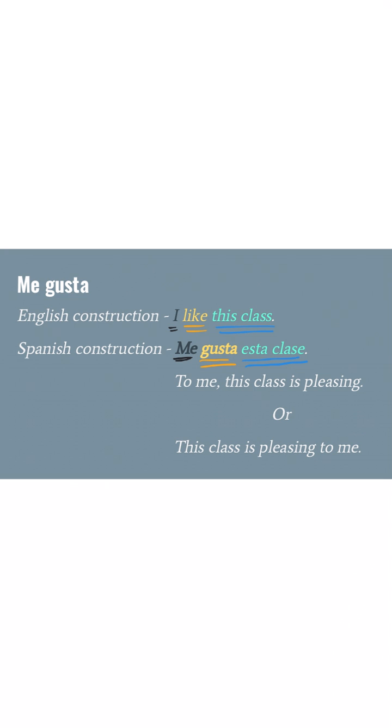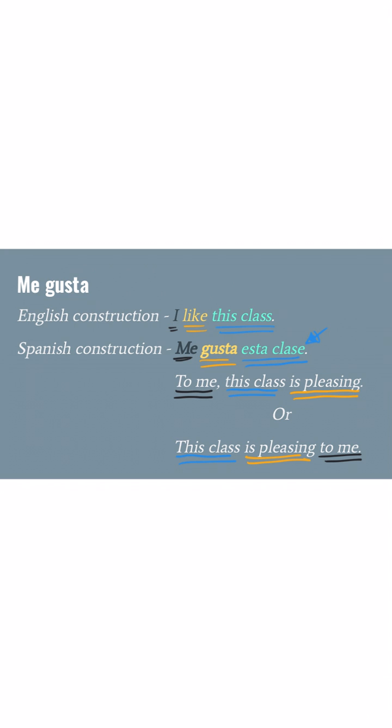Now, if we are literally translating, like a direct translation of what this sentence here is saying, it would look like this underneath. "To me, this class, now you ready, is pleasing." Okay. So, it could also mean "this class is pleasing to me." Okay. So notice how we do a little bit of flip-flopping here. Essentially, they mean the exact same thing.